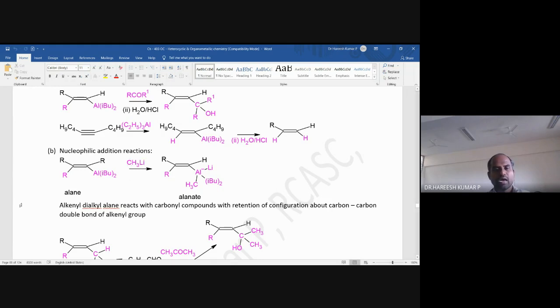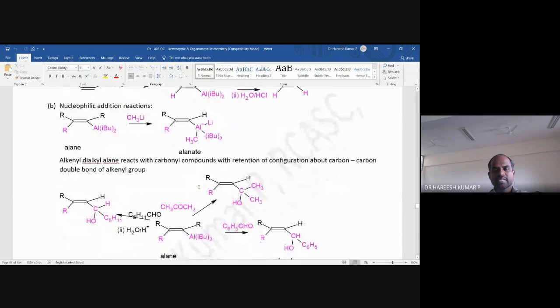Similarly, alane, when it is treated with methyl lithium, will convert into an alanate. Alanate because of the presence of Li. Aluminum will be in the form of an anion. So this alanate.